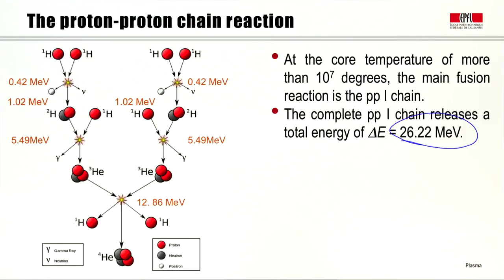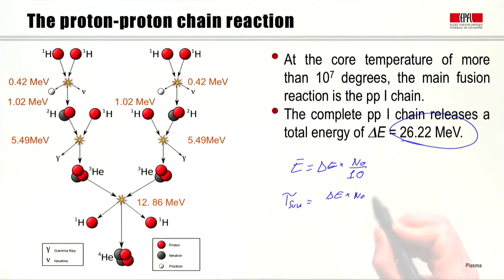We know that approximately 10% of the solar mass is available for hydrogen fusion. This provides an energy reservoir of delta E times the total number of protons divided by 10. We can now estimate the lifetime of the Sun by dividing this energy reservoir by the Sun luminosity.